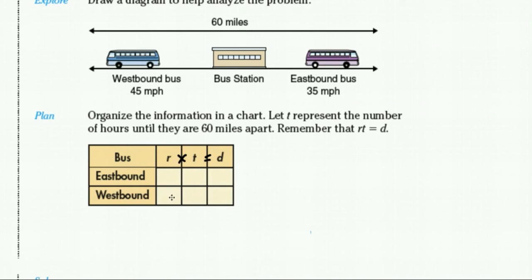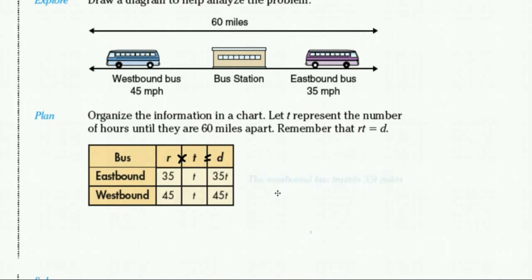Our rate for the eastbound bus is 35 miles per hour. Our rate for the westbound bus is 45 miles per hour. This is time, the same time for both of them, because at what time will they be 60 miles apart? So if we use the formula, this is 35t and this is 45t.